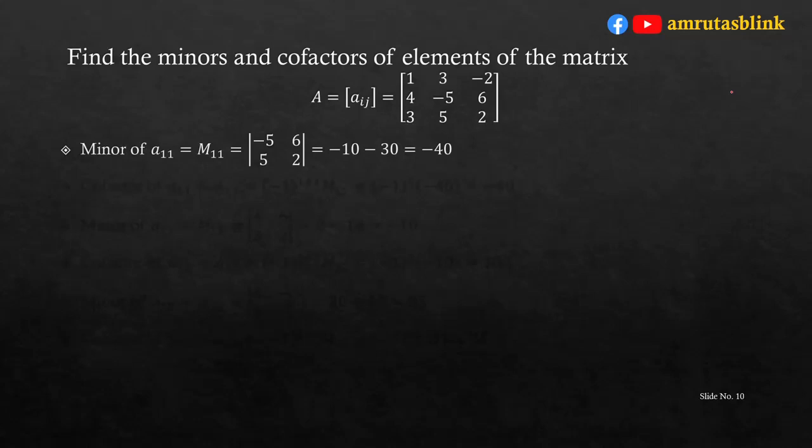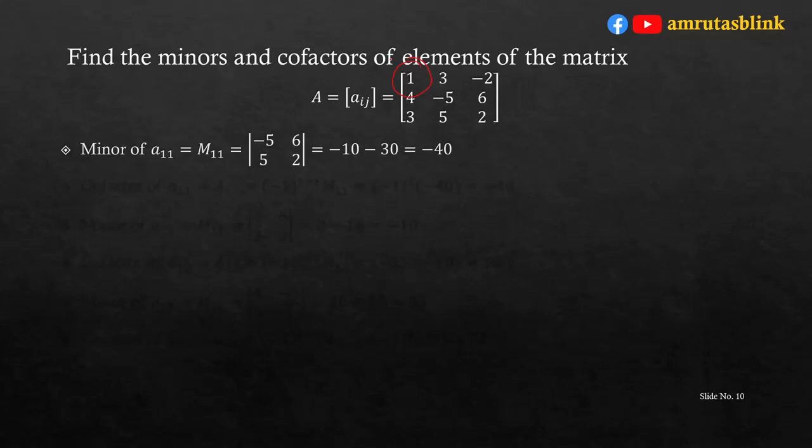Now, how to calculate minor? Let us suppose you need to calculate the minor of the first element, that is A11. So, in this case it is 1. How to calculate the minor is, we need to remove the first row and first column, and whatever the remaining elements are, we need to calculate the value of the determinant of the remaining elements, and that will be nothing but the minor.